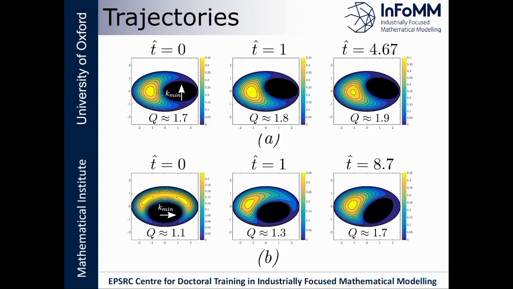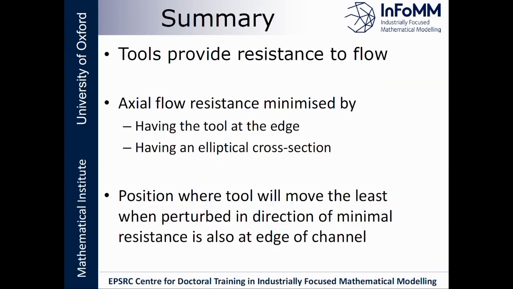So here are two example trajectories, where in both cases we've moved the tool in this direction of minimum resistance. And we can see that as time increases, the axial flow rate down the length of the working channel increases as well.